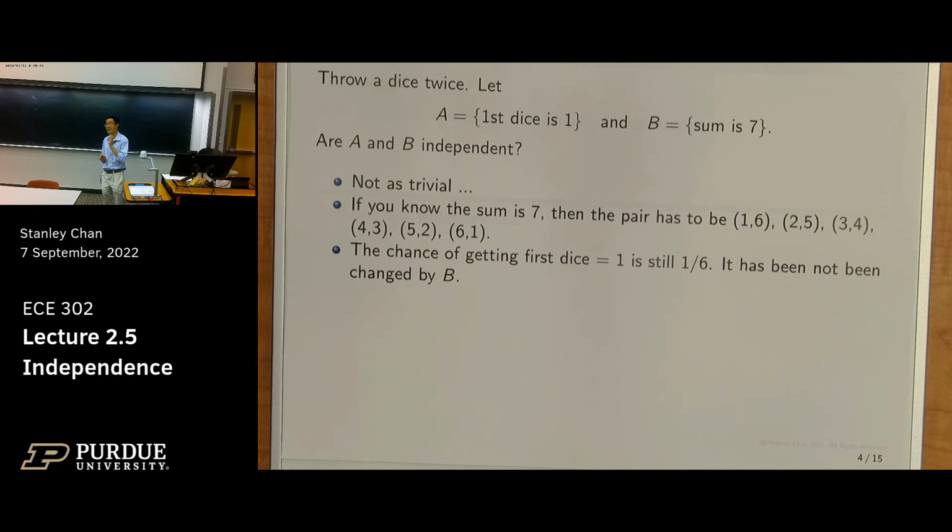Here, event A is that the first one is 1. The second event, B, is that the sum is 7. Now, event B, of course, has to take into account both the first die and the second die, and so the calculation will be a little bit messier. Do you think that these two events are independent or not independent?